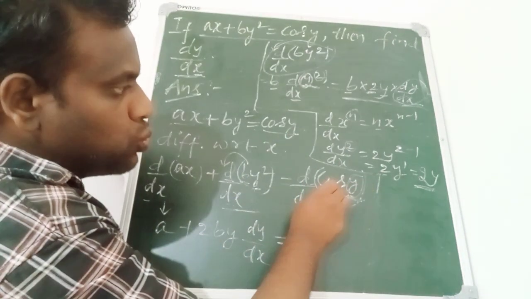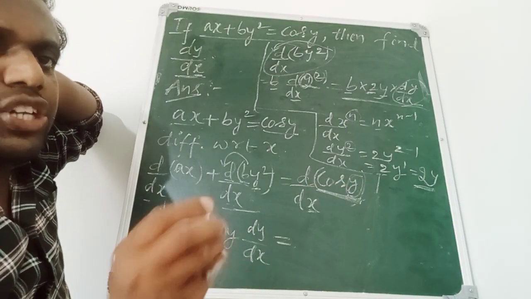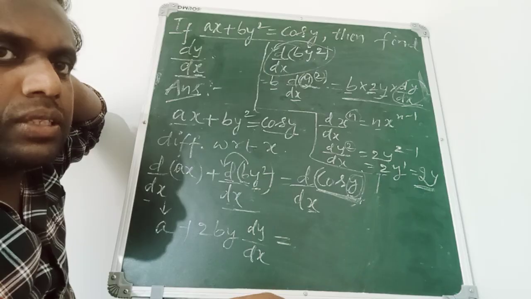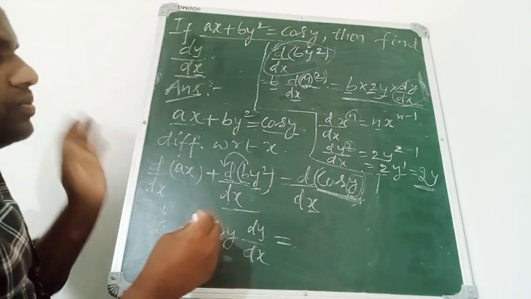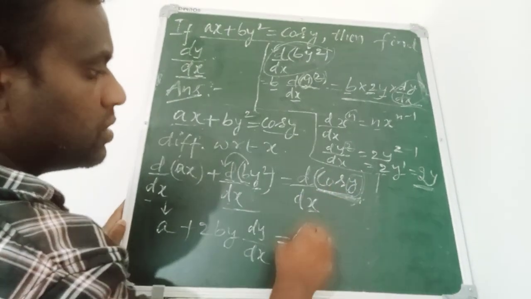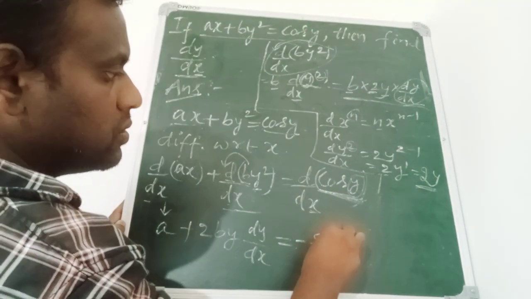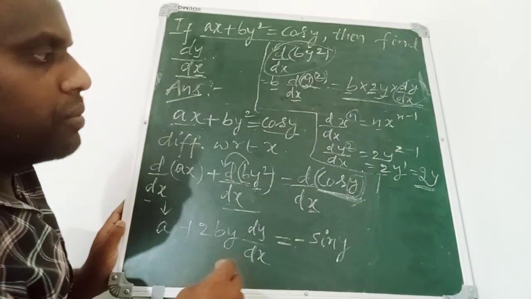Consider first function, this whole thing cos y. So differentiation of cos y is what? Minus sin y. That is a general formula. So first, differentiation of cos y is minus sin y, using the formula.